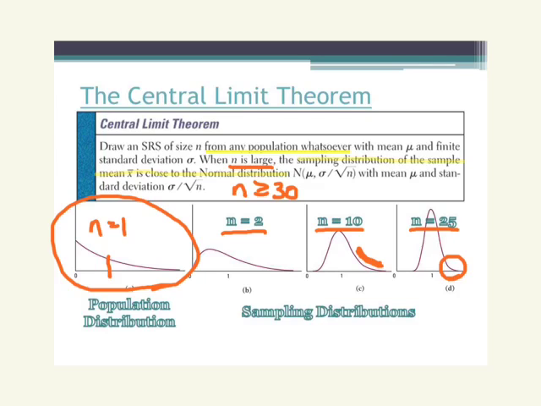As you look at the transformation of this graph from A to B to C to D, you see that distribution becoming more and more normal. And that's the power of the central limit theorem. That's why we can use it to justify applying a normal distribution in a non-normal setting.